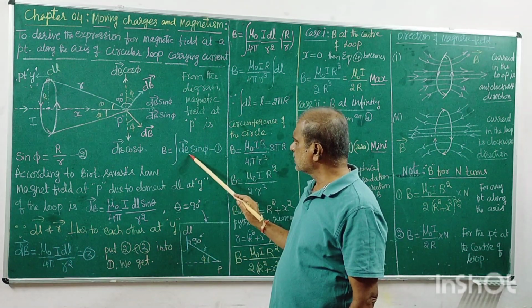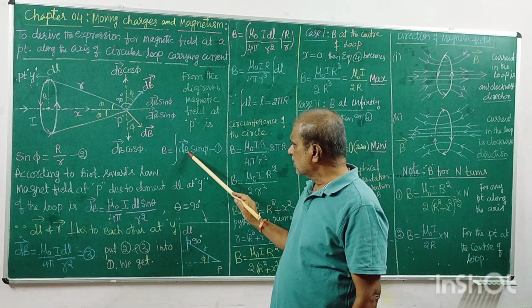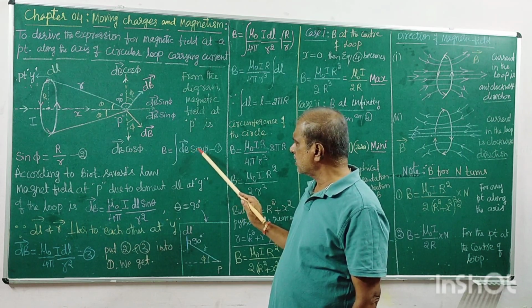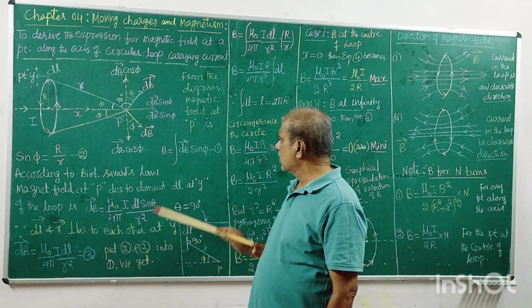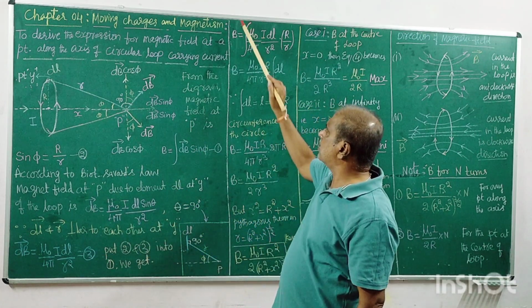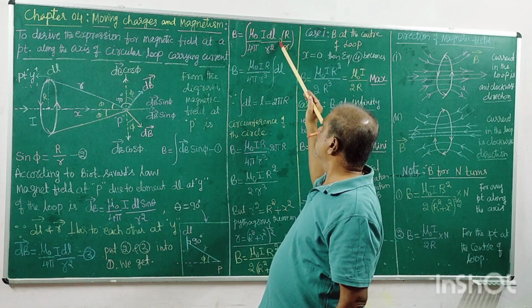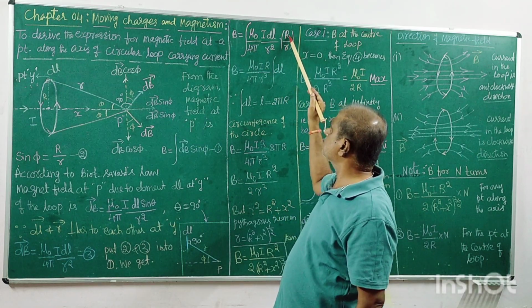Put all of them into this equation. Write the value for this using Biot-Savart's law, and this using this. So equations 2 and 3 go into equation 1. Simplify. The integral has dB and sin phi.